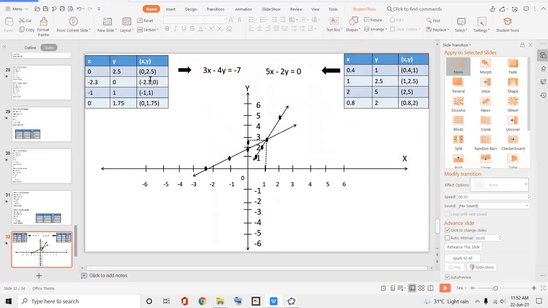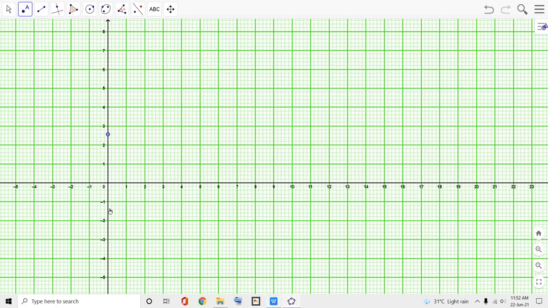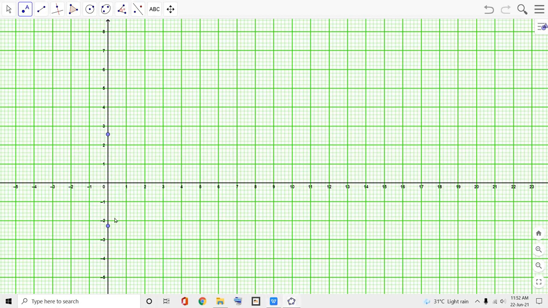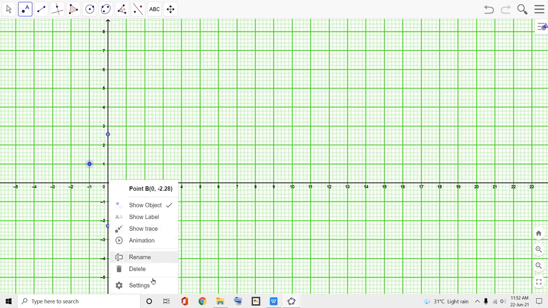Next we have minus 2.3, comma 0. So over here we will see that this is 2.2 and this is 2.4. Then our next point will be minus 1, comma 1. Okay, sorry, this point is wrong.